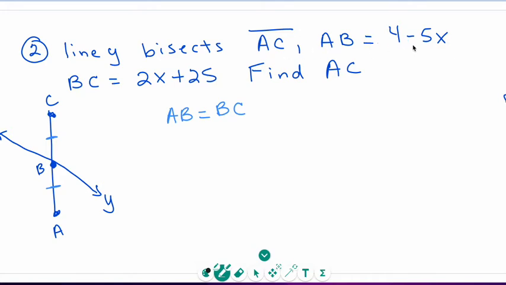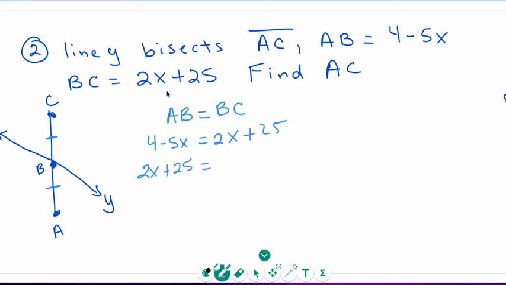AB is 4 minus 5x. BC is 2x plus 25. I'm going to ask, is the largest variable on the left? It is not, so I'm going to use symmetrical property to switch them.